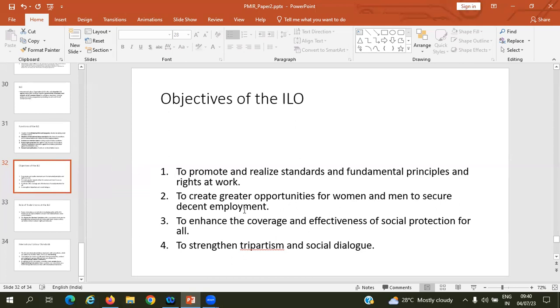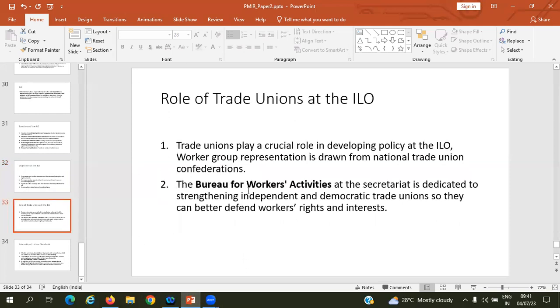Any organization providing support to the members, to the workers, in terms of social aspects and human rights problems, and any dispute or conflict you think of, that will be the characteristics or the objectives of ILO. If you remember all these points, you can answer any question in this area, in this chapter.